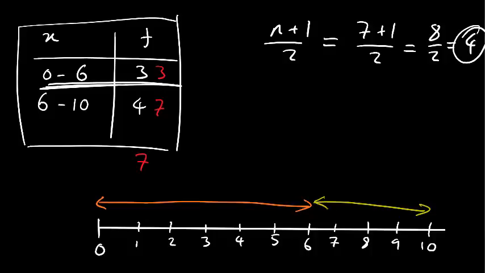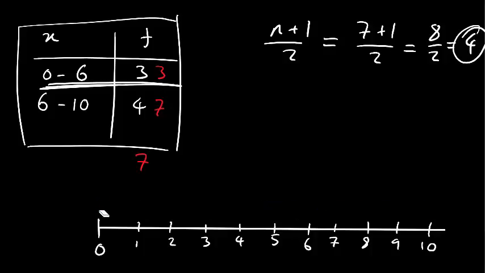Now, because I've got no other information, I have to assume that those data points are equally spaced. So in other words, these first 3 values that fall between the range of 0 to 6 are equally spaced. The first value falls at 0, the last value falls at 6, and then the next value falls at 3. Those are my 3 values, and they're all equally spaced.